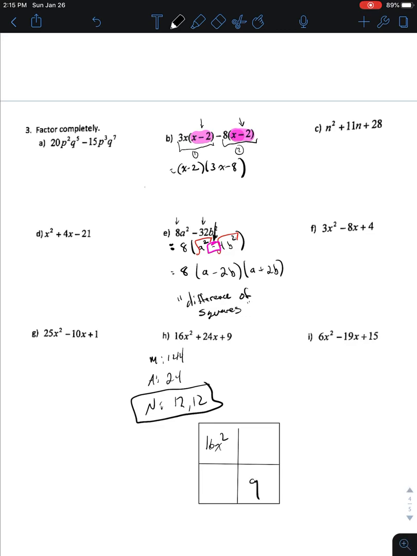So you could put in 16x squared here, and then you put the last term down in the bottom right. Then you break up the middle term with the two numbers that you found, and this works for any complex trinomial. So I could put 12x here and 12x here.